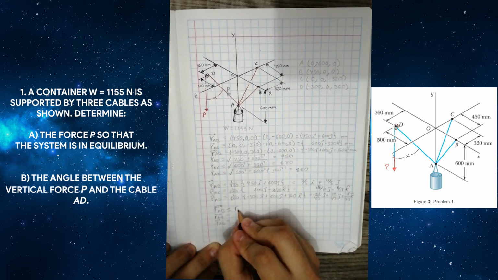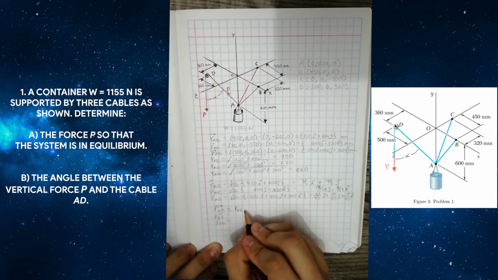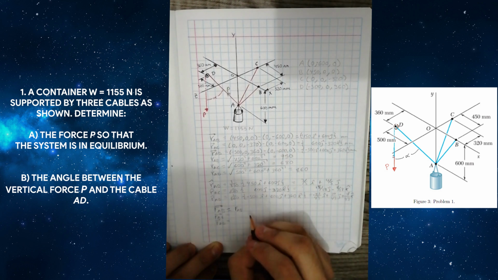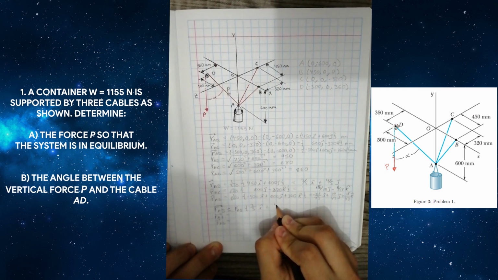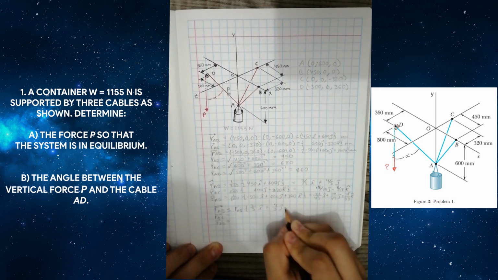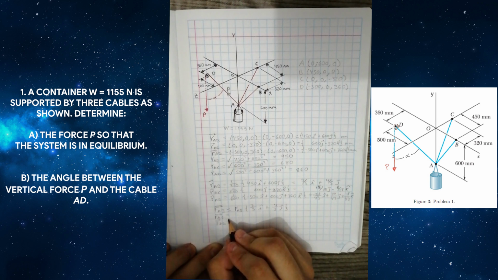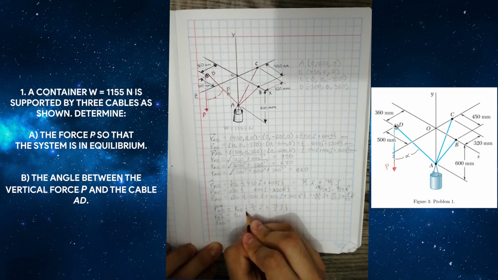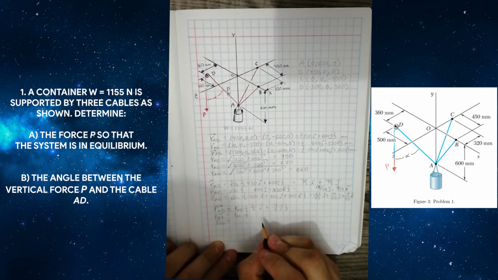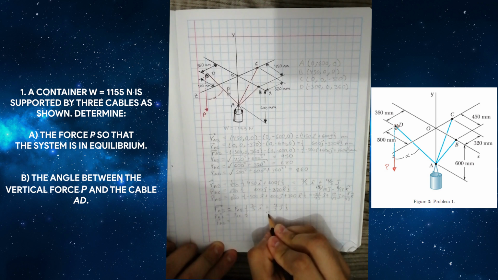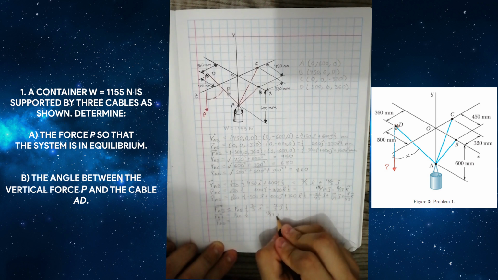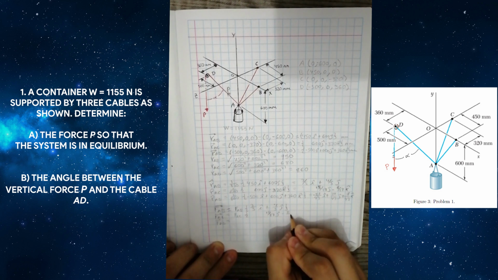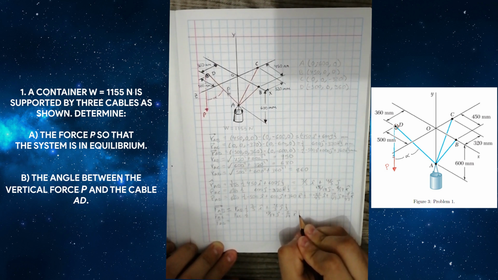Its magnitude, that is AB, multiplied by its respective unit vector, that is 3 over 5 i plus 4 over 5 j. For the next is AC times its respective unit vector, that is 15 over 17 j minus 8 over 17 k.